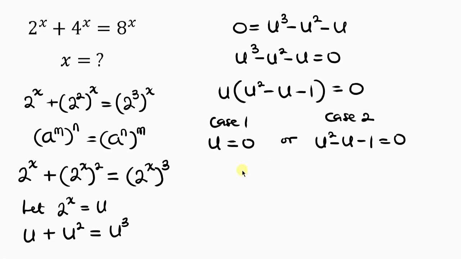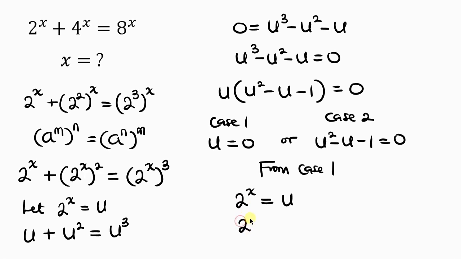Now, for the first case, we can just substitute u here. So let's just say from case 1, remember we have 2 to the x to be equal to u. So that means wherever I see u, I'm going to be putting 0 there for case 1.